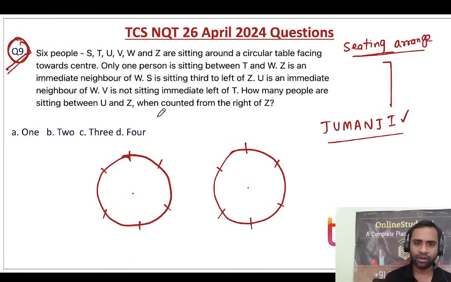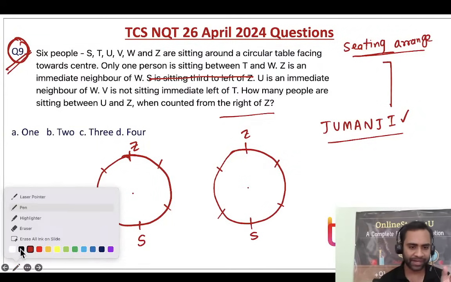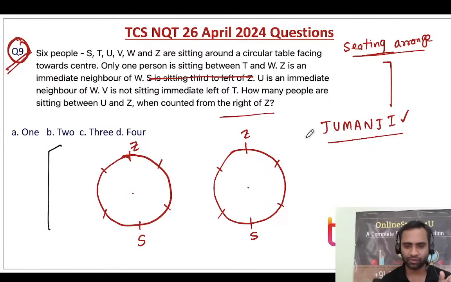They are asking how many people are sitting between U and Z when counted from the right of Z. S is sitting third to the left of Z. So this is one confirmed statement, right? You have to find a statement which you will be able to place around a circular table.